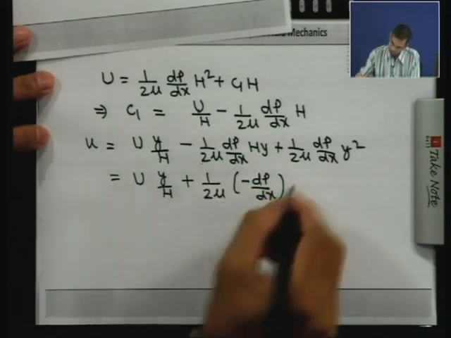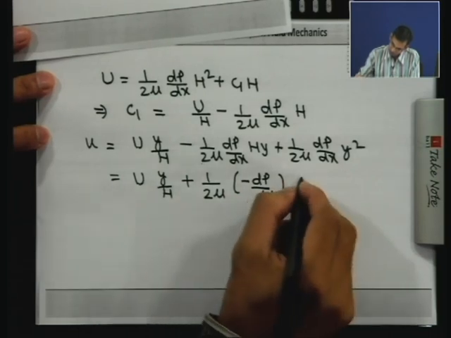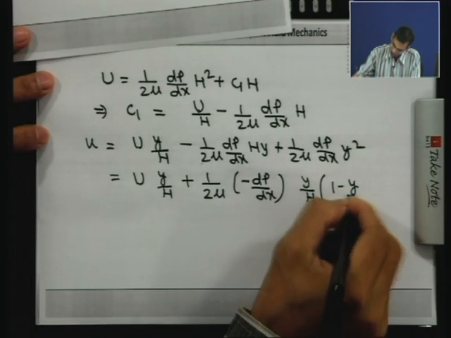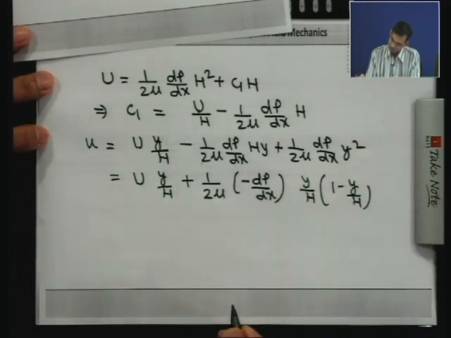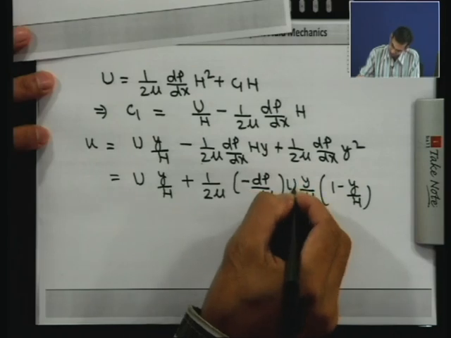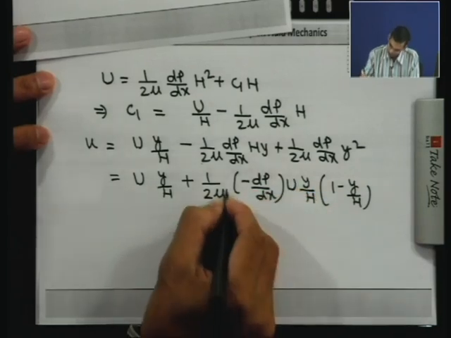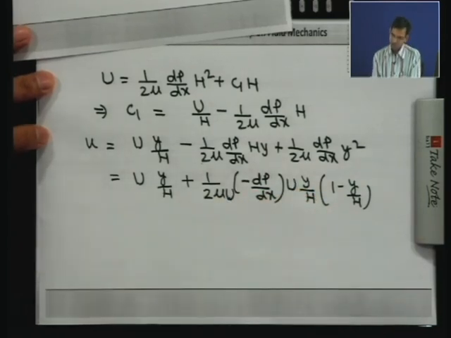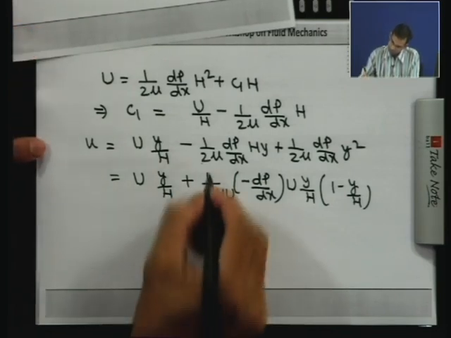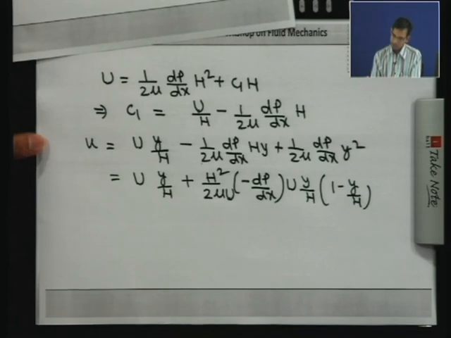Now, if we write y by H, 1 minus y by H, here you write capital U. So, 1 by capital U here and H square. Fine.